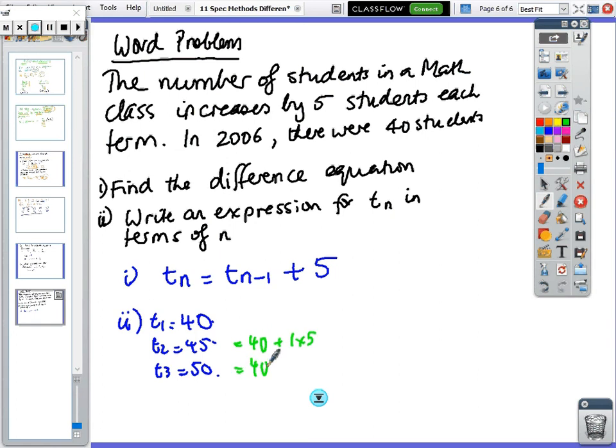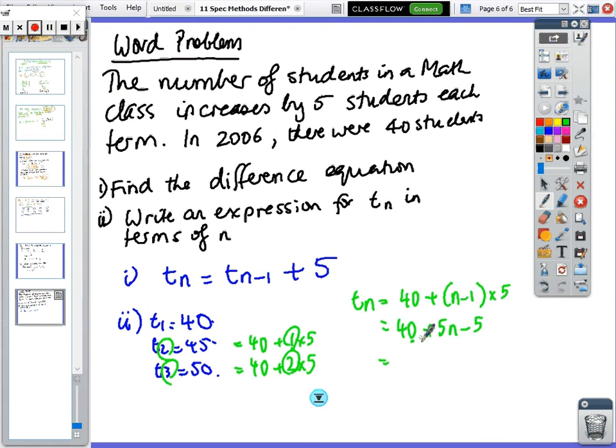This is the same as 40 plus 2 lots of 5. And so maybe some of you might have seen that there is a pattern. It's just 40 plus, T2 has 1 five, T3 has 2 fives, so it's n minus 1 times 5, and then expand the bracket out, so we get 5n minus 5, and then 40 minus 5 is 35, and so the pattern could be written as 35 plus 5n.